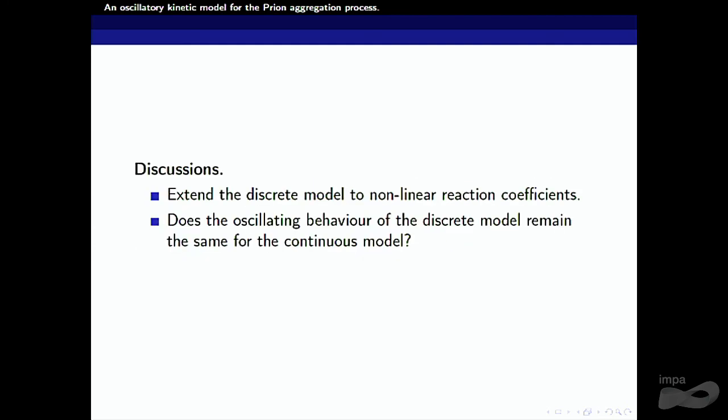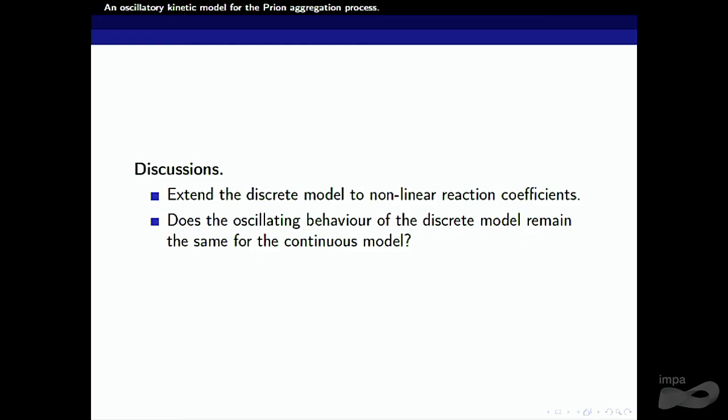So what are the next steps? The next step is to extend the discrete model to nonlinear reaction coefficients. What I just showed you is only for when the reaction coefficients are constants, but we can also do the same for linear reaction coefficients. They can have the same behavior. So what we want to do is to find the behavior for nonlinear reaction coefficients.